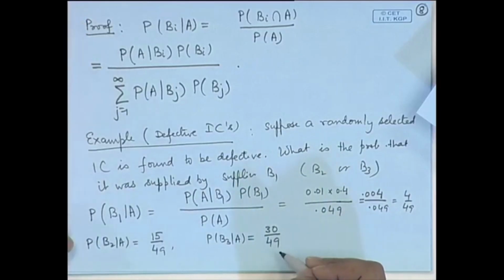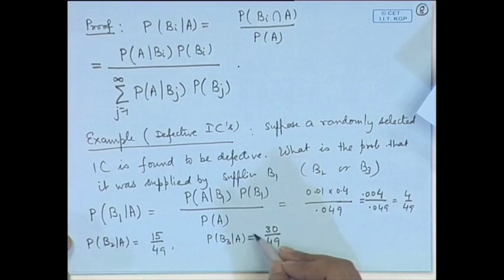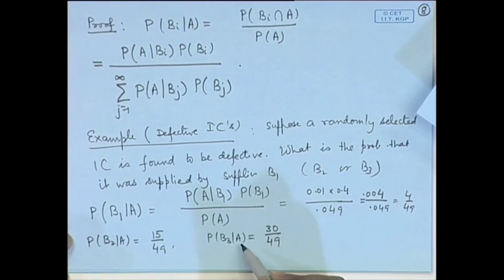You can see here the difference in the posterior probabilities. Although only 30% of the product comes from manufacturer third, if the finally selected IC is found to be defective, then it is most likely to have come from the third supplier.